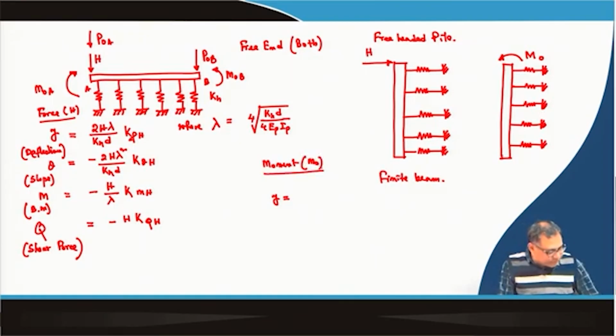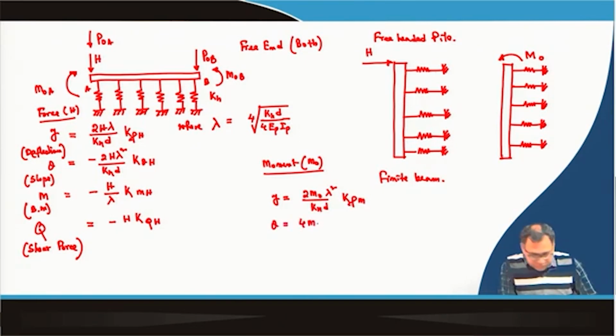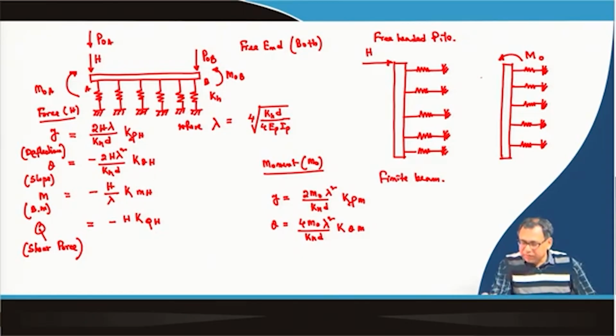So, the deflection equation will be 2 m0 lambda square divided by k h d, then k rho m. Theta is equal to 4 m0 lambda square divided by k h d into k theta m, because initially it was for the h, that is why h is written, now it is for m0.